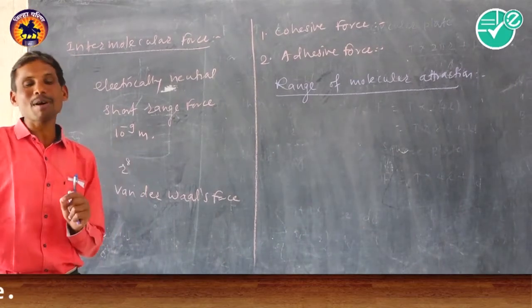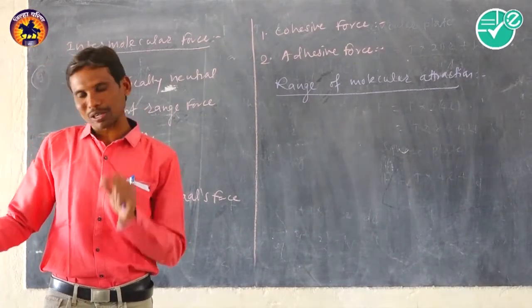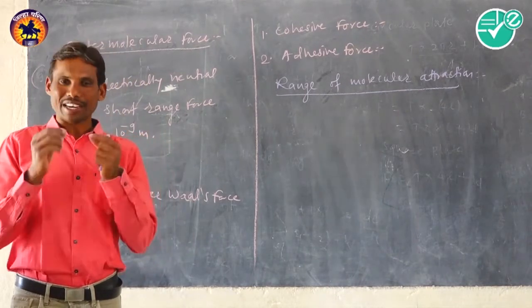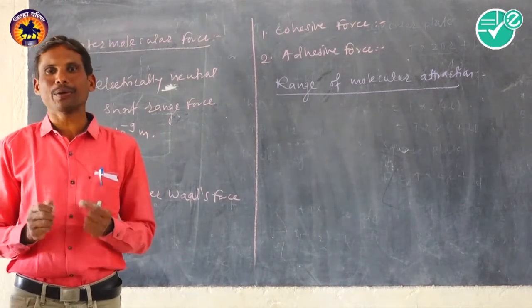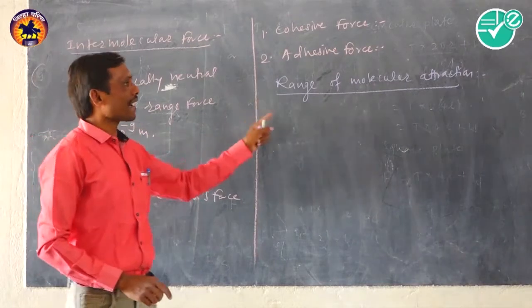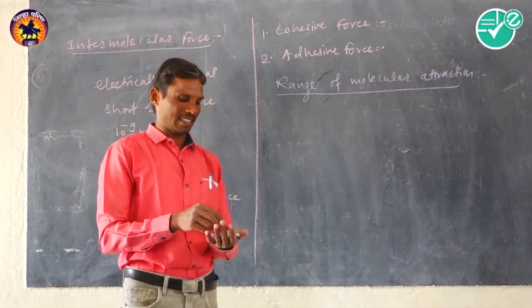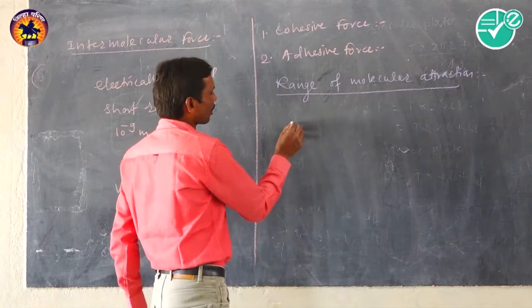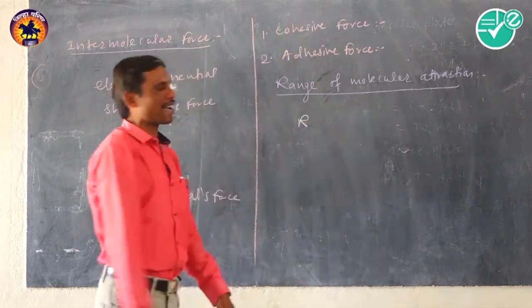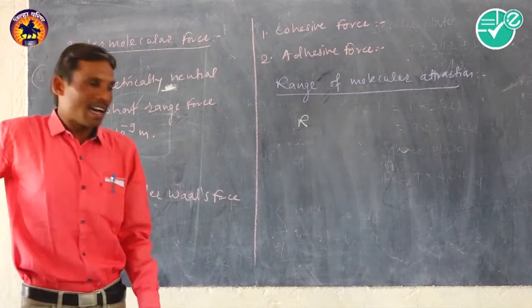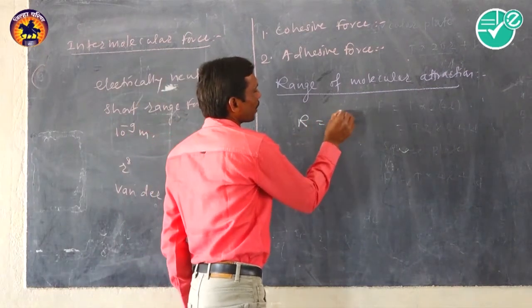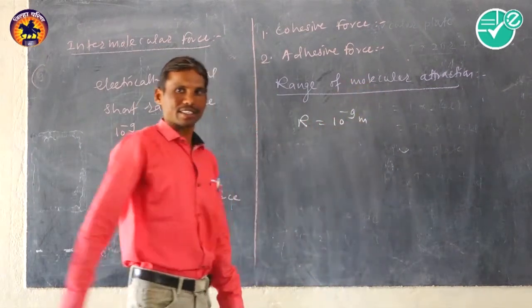Such maximum distance between any two molecules up to which the intermolecular force is effective is known as the range of molecular attraction. It is denoted by capital letter R, and it is about 10 raised to minus 9 meter.